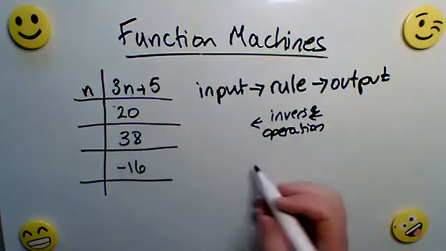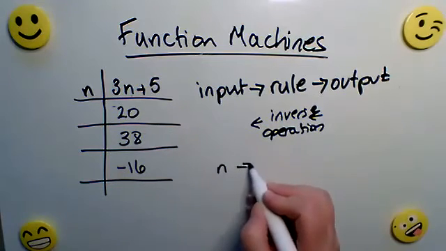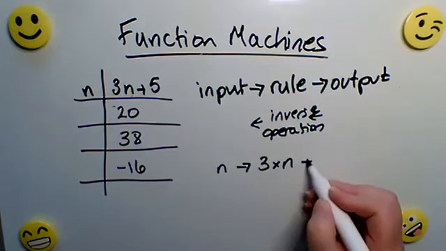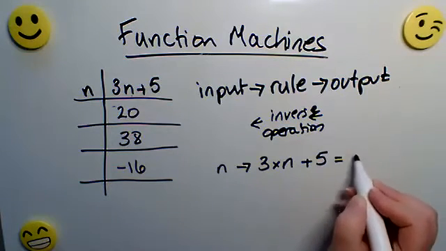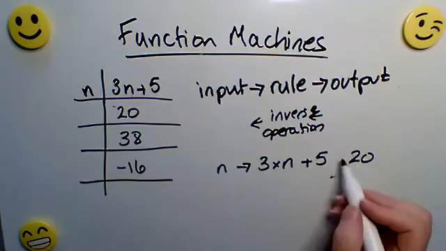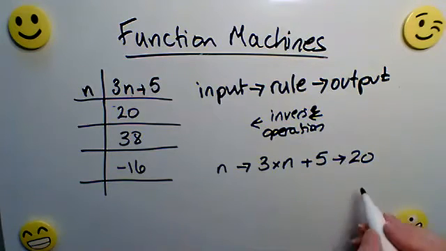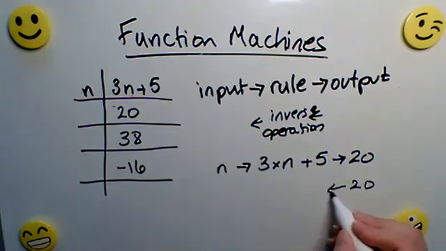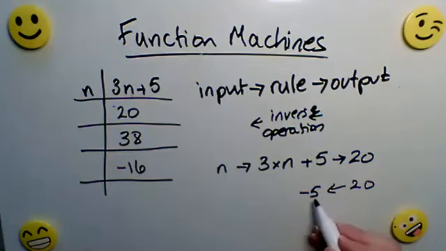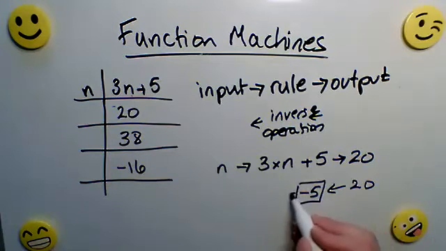In this case, I know whatever n is, when I do 3 times n, then add 5, the output is going to be 20. So I've got to work backwards. So if I have 20, the first thing I'm going to do is not to add 5, I'm going to take 5 away. And 20 take away 5, I know, is 15.